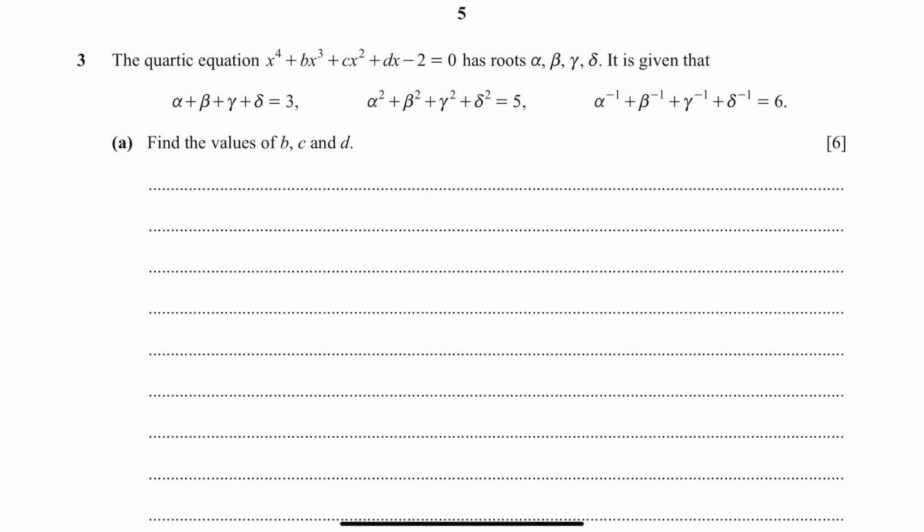For this question, we need to find the values of b, c, and d. So what we need to know is b is this, c is this, and d is this.